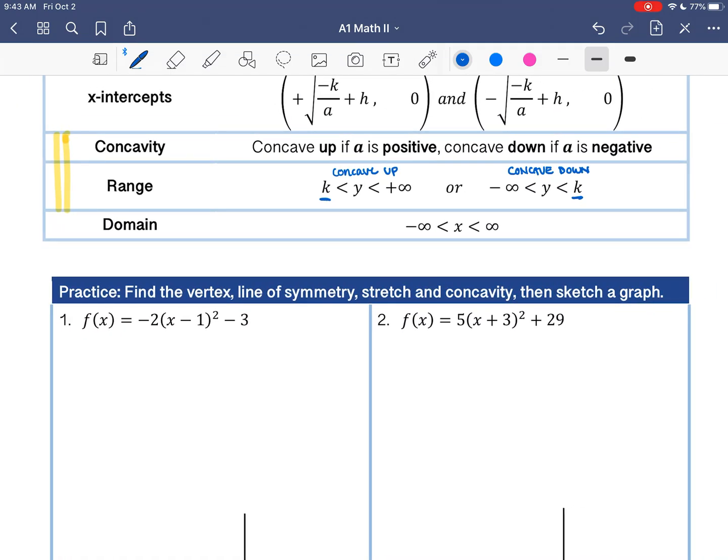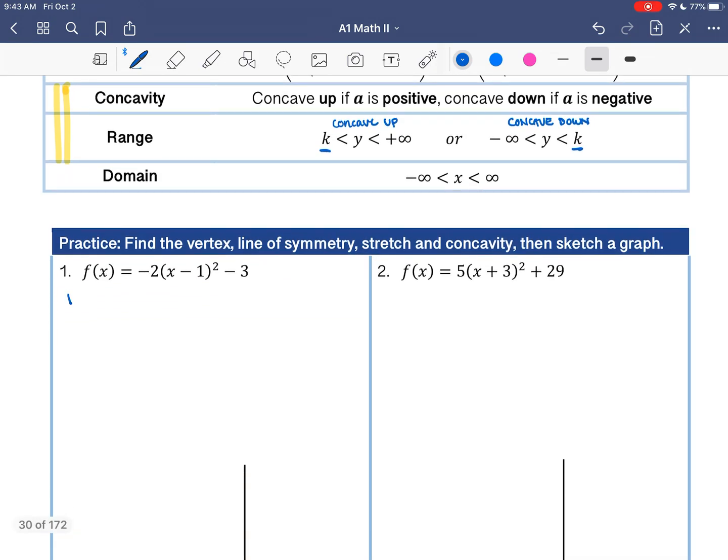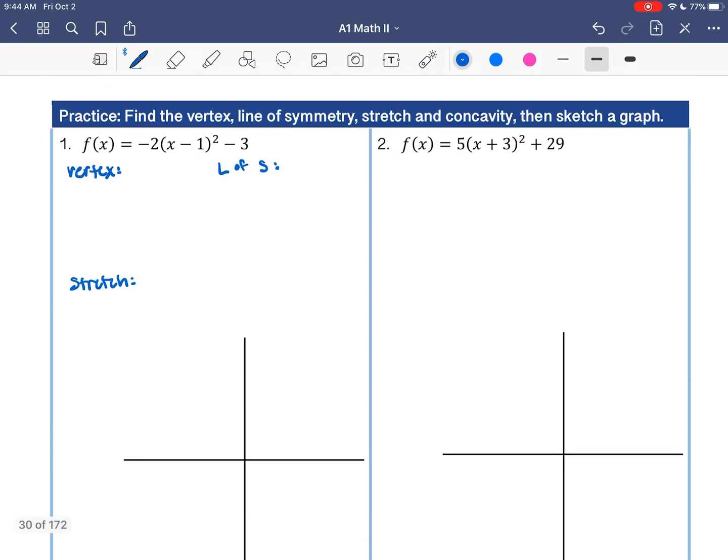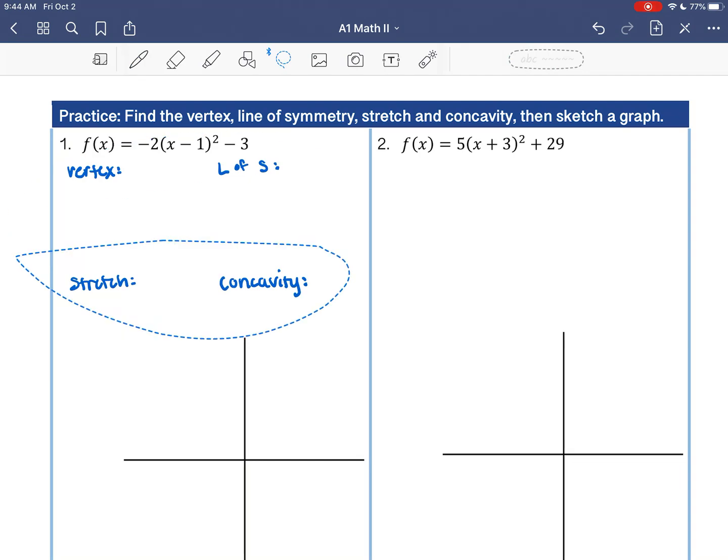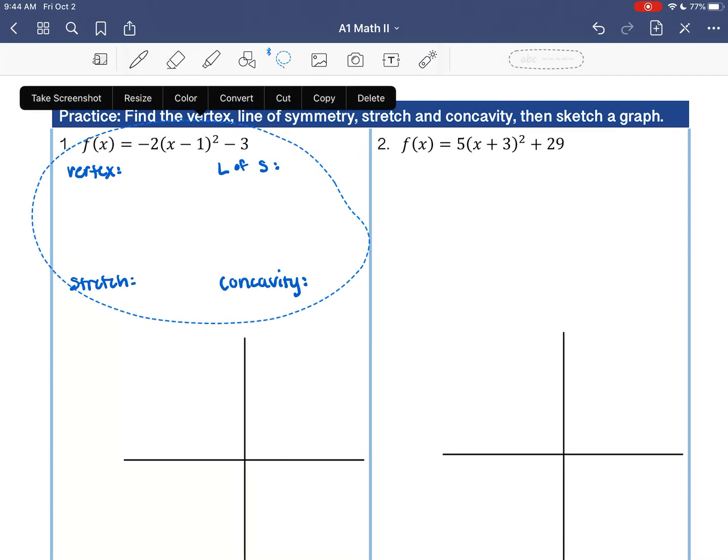So these are both in vertex form, which is great. What we want to find in both of these is the vertex, which on this one is nice and easy, the line of symmetry, the stretch, and the concavity. So those 4 things on both of them.